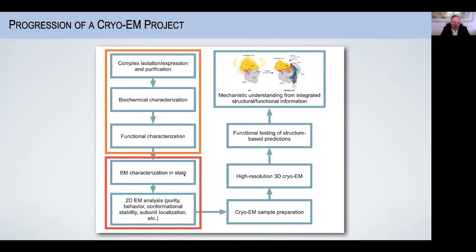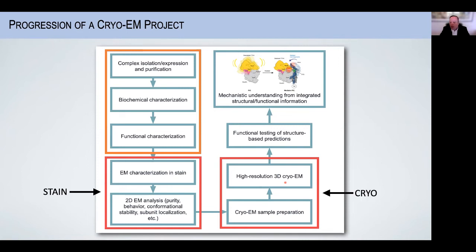And that allows you to do analysis in 2D and very low resolution 3D analysis, and gives you a sense of the quality of the prep and the rough properties of your complex. Once you have completed this, you then can move to cryo-EM at high resolution. This initial phase of analysis in the stain is typically where cryo-EM projects start prior to the cryo phase, because it really serves as a checkpoint for the likelihood of success for the project.